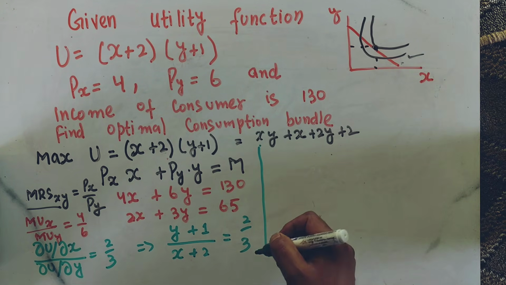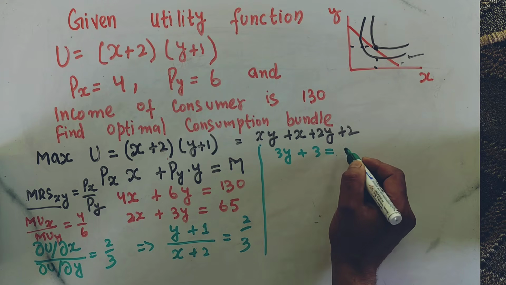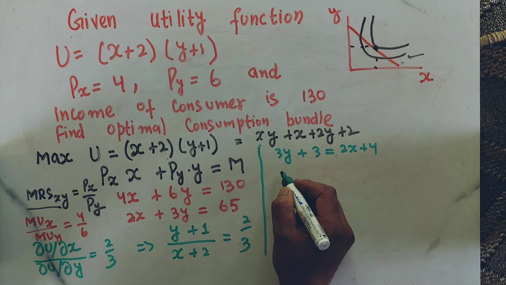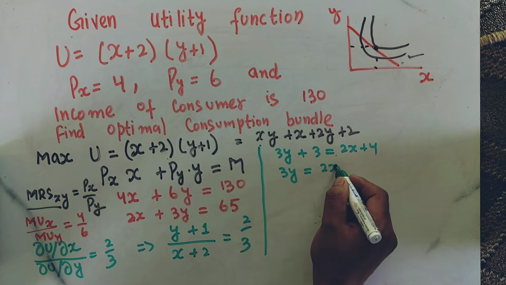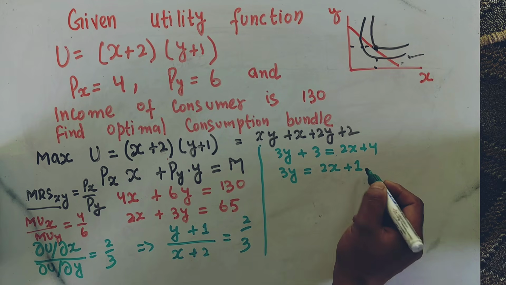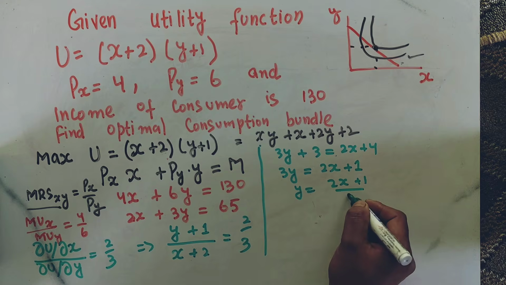Doing cross multiplication here, we have 3y plus 3 is equal to 2x plus 4. Solving for y, we get 3y is equal to 2x plus 1, or y is equal to (2x plus 1) upon 3.